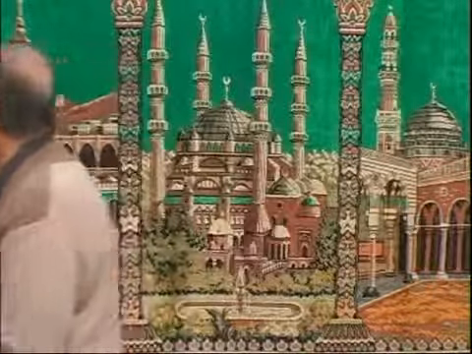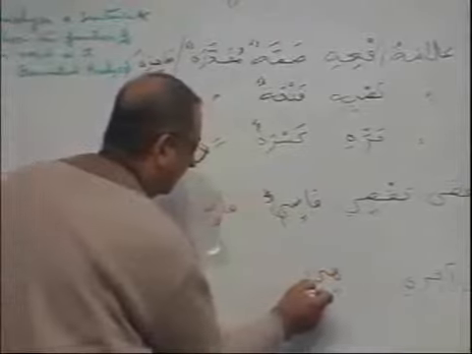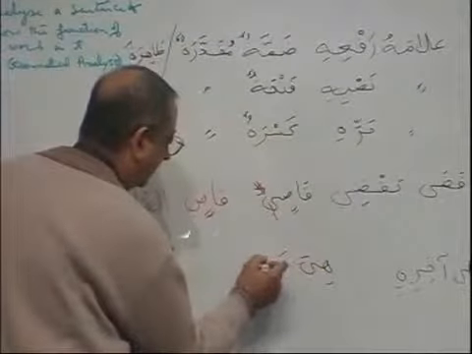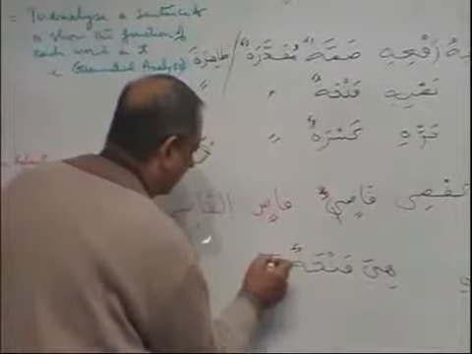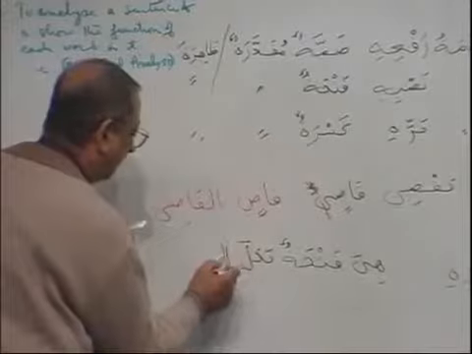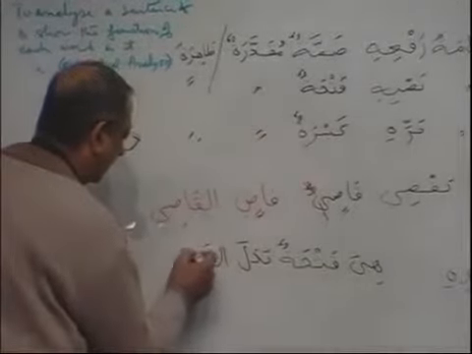Now, what is the sign of jar in the mamnu min sarf? What will you say? It is fatha instead of two kasras. I will write down. Brothers and sisters, I will write down: fatahatun badala kasrati.